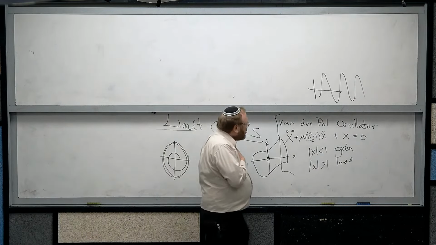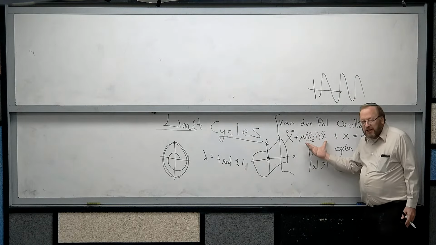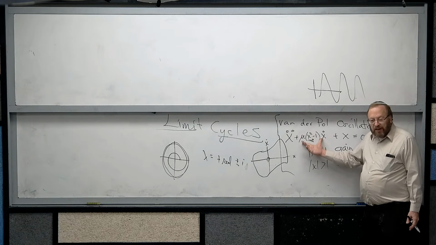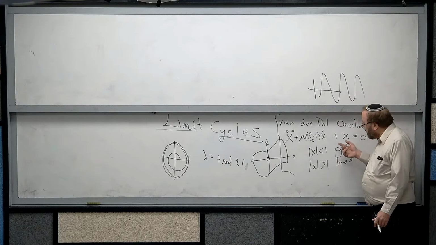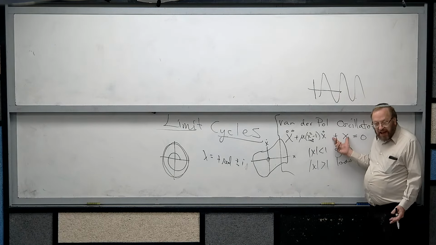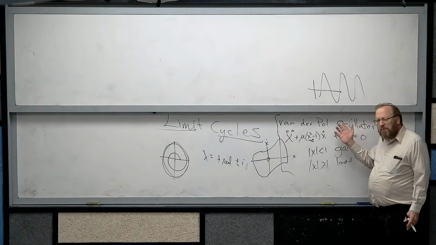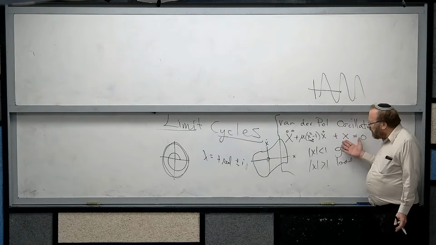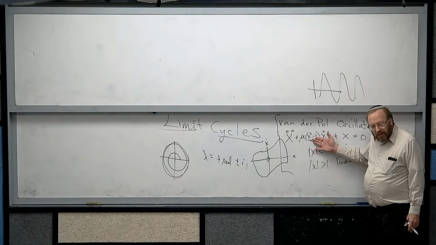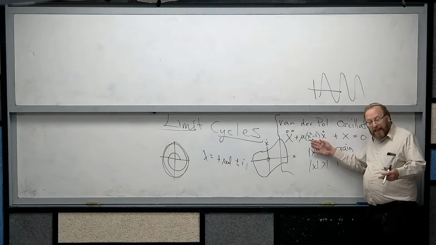So what happens when mu is large? Generally speaking, since x is not always equal to 1, this term is very large. Now x, as we'll see, doesn't get that large. In fact, x goes between minus 2 and 2, so that's not very large. This term, however, is very large, and therefore the only way to make things work is that we need a second term to balance it.